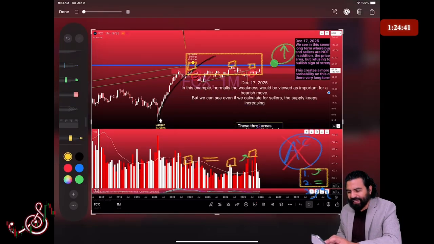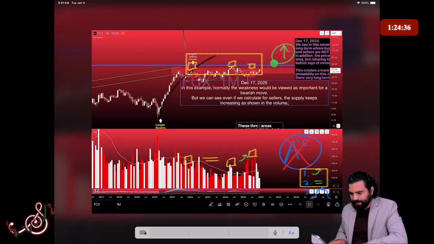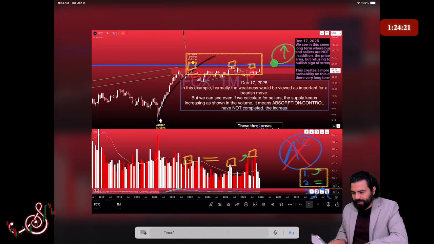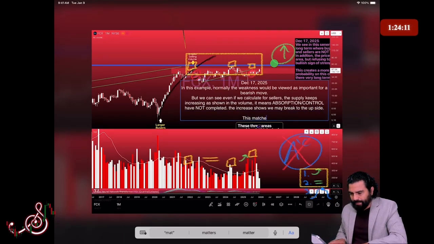It means absorption and control have not completed. The increase shows we may break to the upside. This matches the larger monthly analysis.